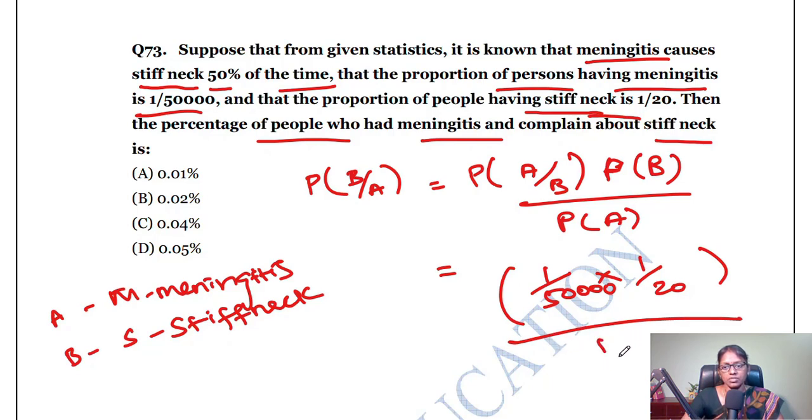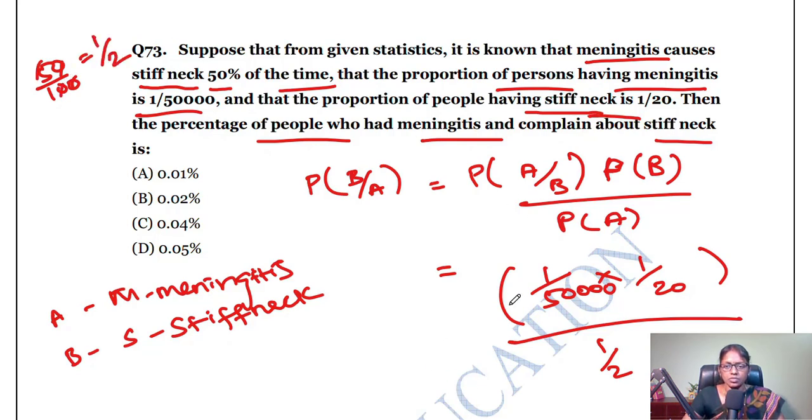This is the upper part, and the 50% is 50 divided by 100, equal to 1 by 2. This is the probability that meningitis causes stiff neck. This is the proportion of people with stiff neck, 1 by 20. So 50% can be written as 1 by 2.